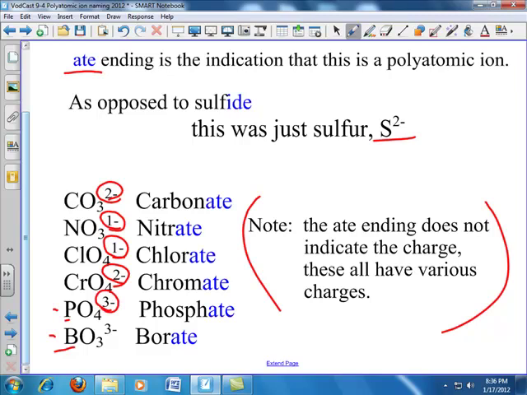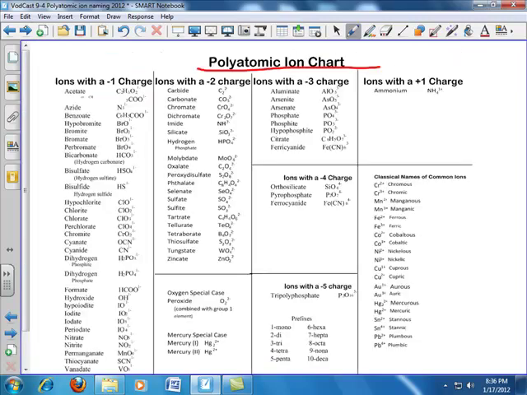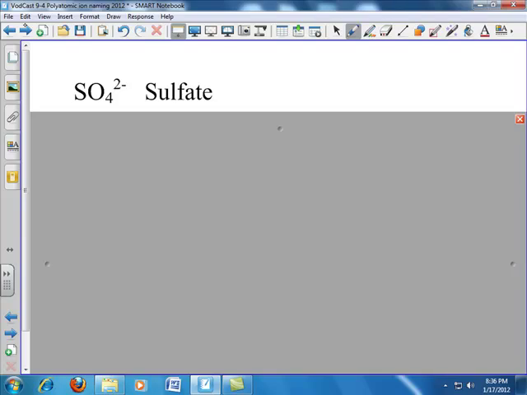All those charges are not indicated by the ATE ending. The ATE ending is just an indicator that you have a polyatomic ion, and that polyatomic ion contains oxygen. So one of your big things is you're just going to have to learn these, and there are some to memorize as we go through. Sulfate is a pretty popular one.